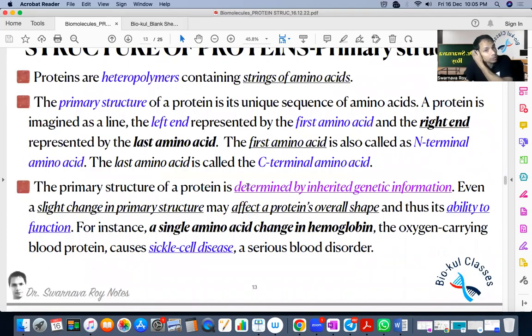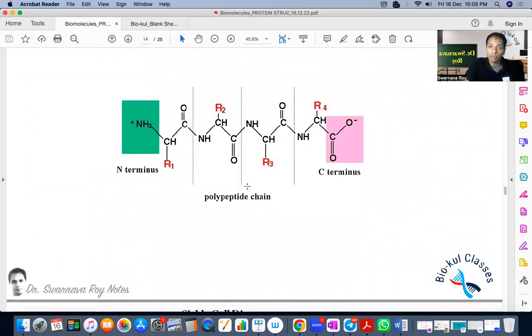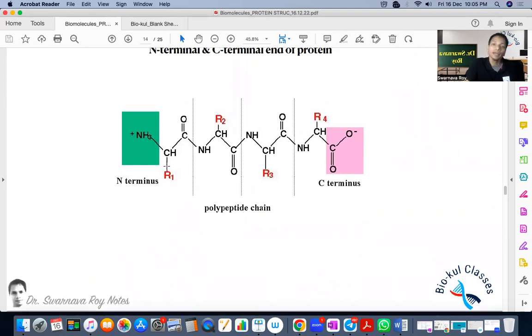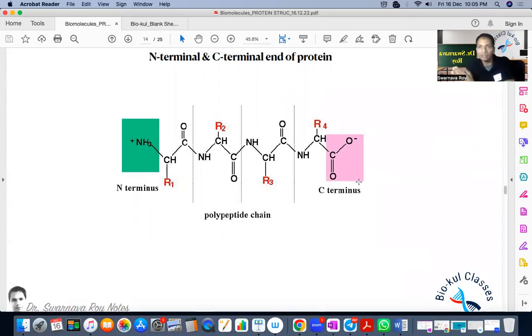And then we learned about protein structure: the primary structure and the secondary structure. One thing I forgot to mention today is the N-terminal end and the carboxy terminal end. When you look at a protein's primary structure, the left side has the amino group and the right side has the carboxy group.